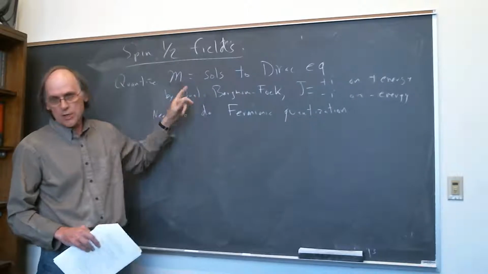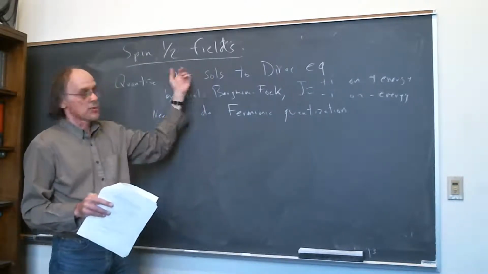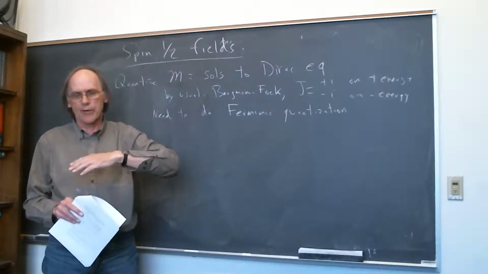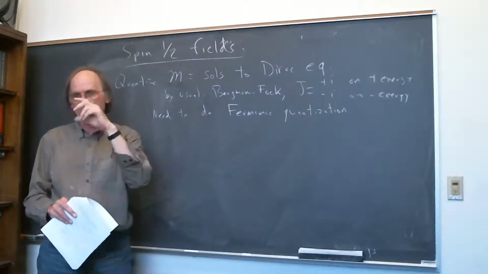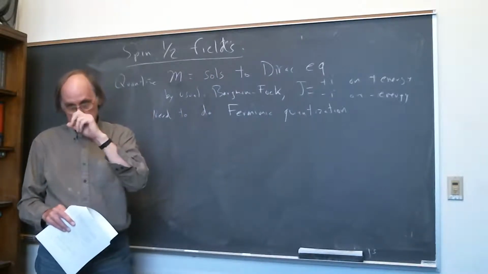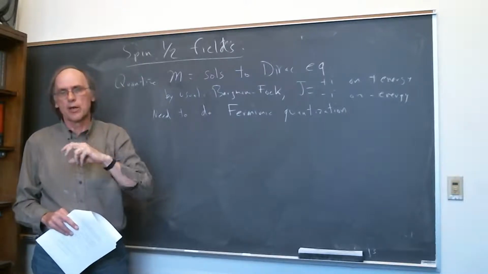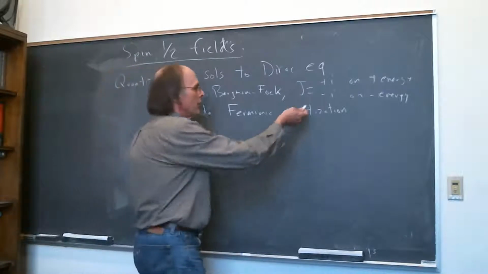When you quantize this, you're not going to get bosonic oscillators, which have arbitrarily large occupation numbers. For each p, you're going to get fermionic oscillators, which have just occupation numbers 0 and 1.